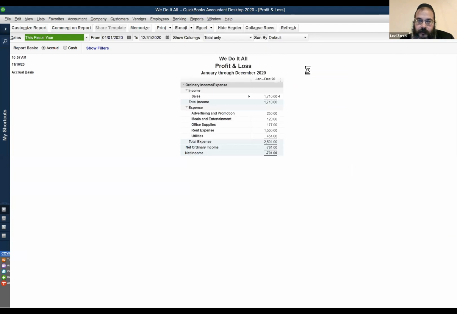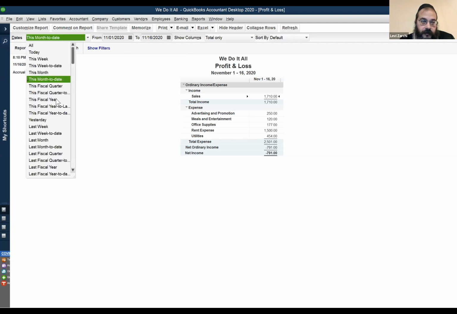So we want profit and loss standard. That's number one. And make sure that there's a box that says this month to date. We want to change it to this year to date, or this fiscal year. There's a drop down called this fiscal year.